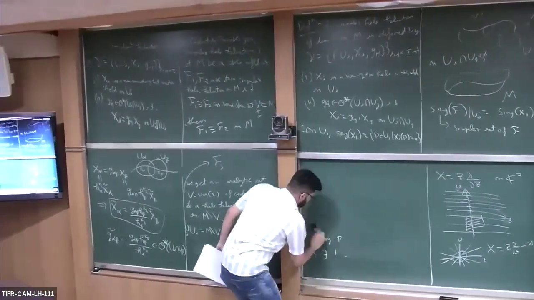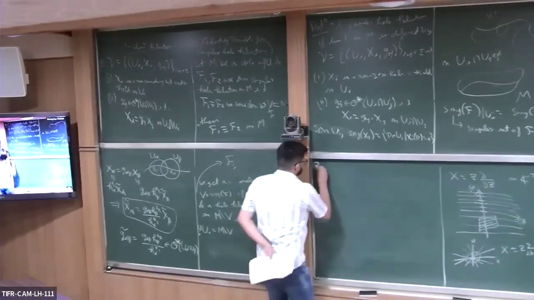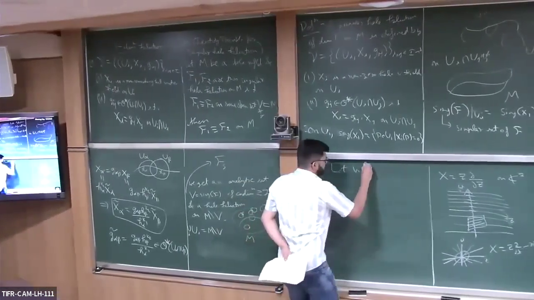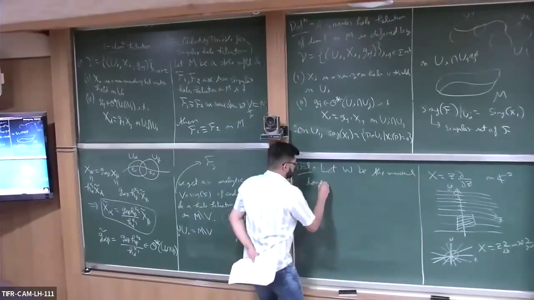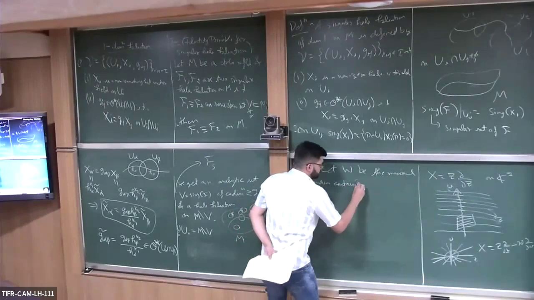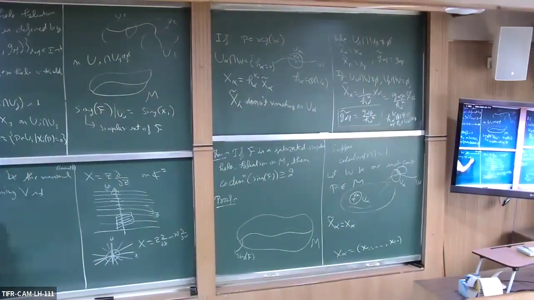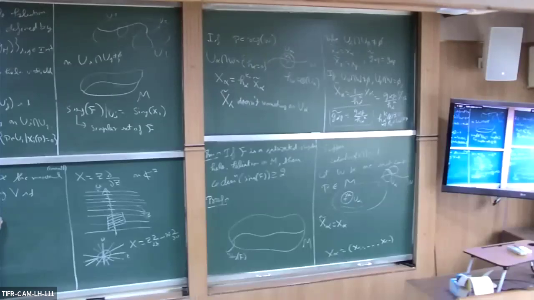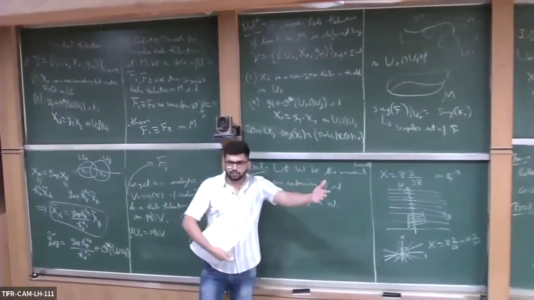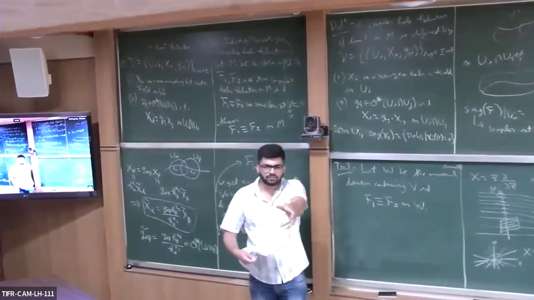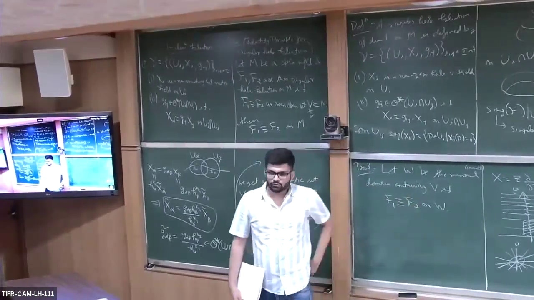We start with the maximal open set on which they are the same, the maximal connected domain containing V on which F1 and F2 agree. We show that if this set is not equal to the whole manifold, then we work on the boundary points of this set, find another neighborhood near that point on which they are the same, and get a bigger set, contradicting this definition.